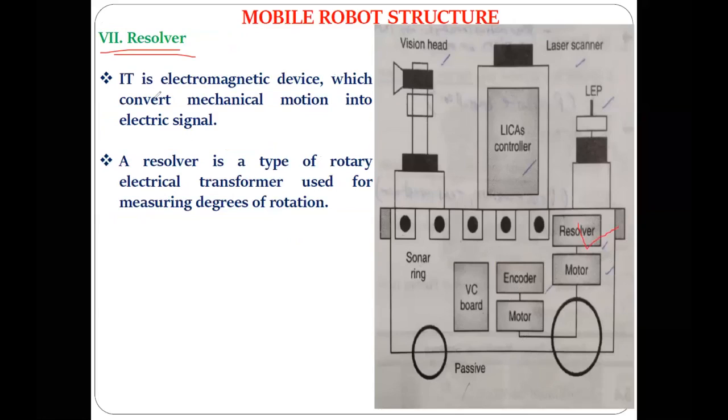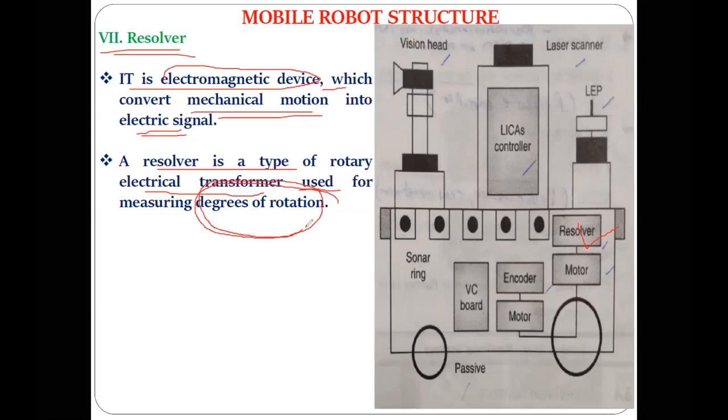The resolver is like an electromagnetic device which converts mechanical motion into an electrical signal. The resolver is a type of rotary electrical transformer which is used for measuring the degree of the rotations, at which degree the rotations are happening.